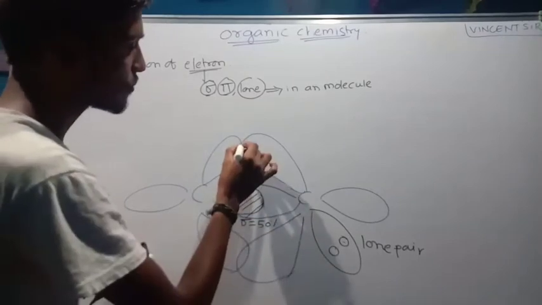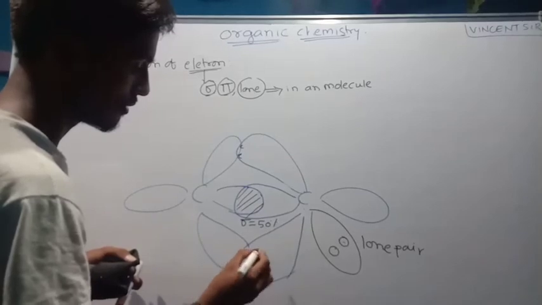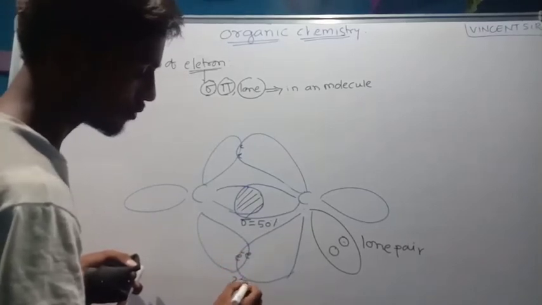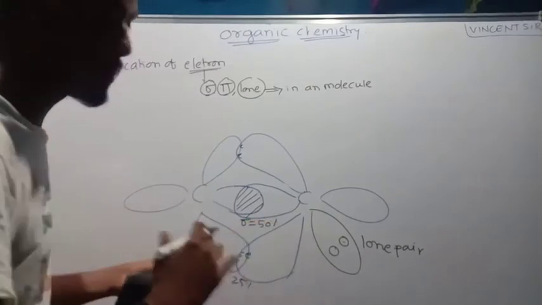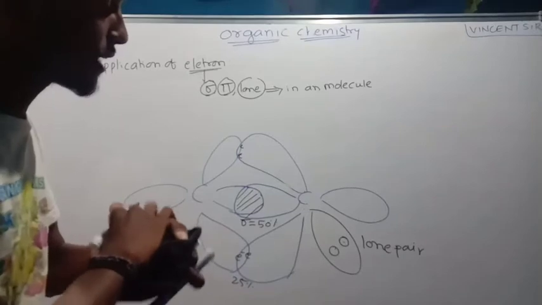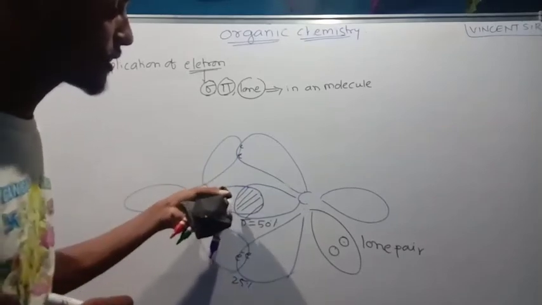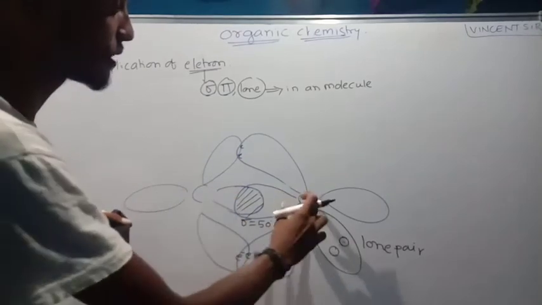If you take a pi bond, there is a 25% overlapping. When there is 50% overlapping, it means maximum overlapping of the atomic orbitals, having strong interaction, meaning a strong bond between these two.